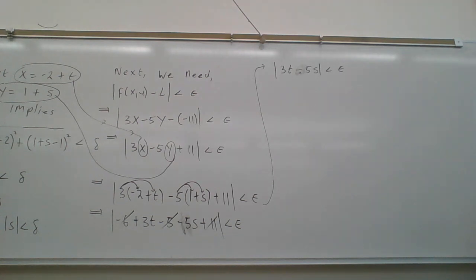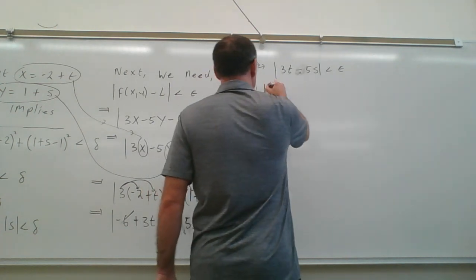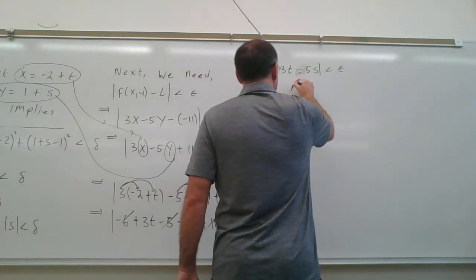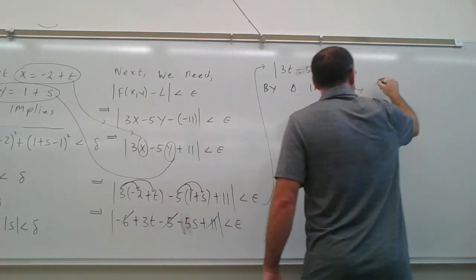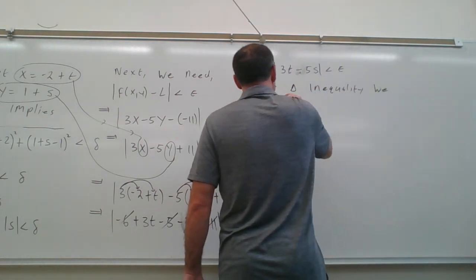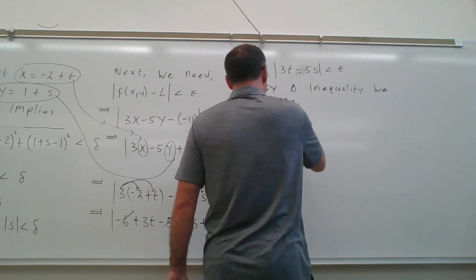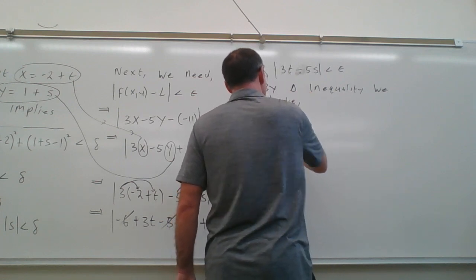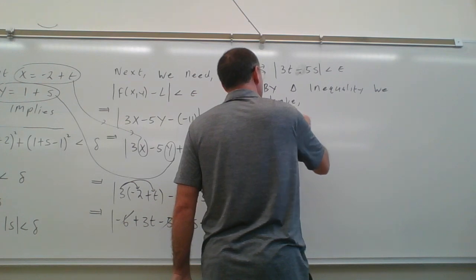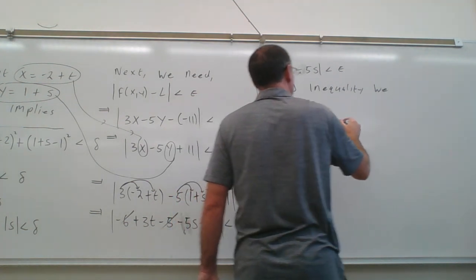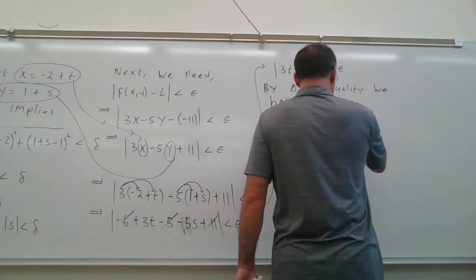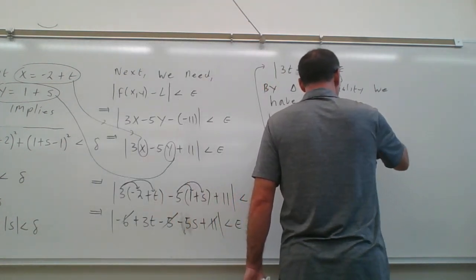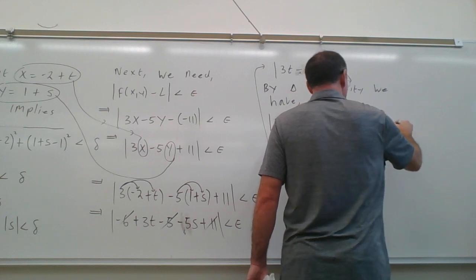Okay, so we need this condition to be true. So by the triangle inequality, the absolute value of 3t minus 5s is going to be less than or equal to 3 times the absolute value of t plus 5 times the absolute value of s.